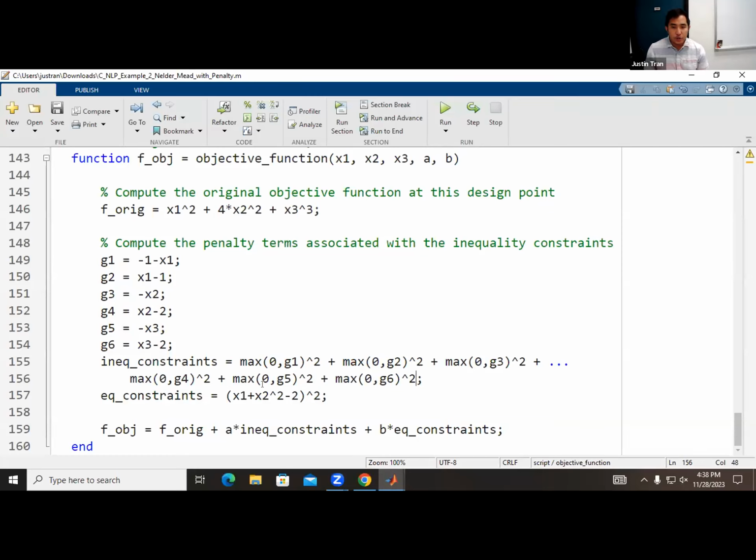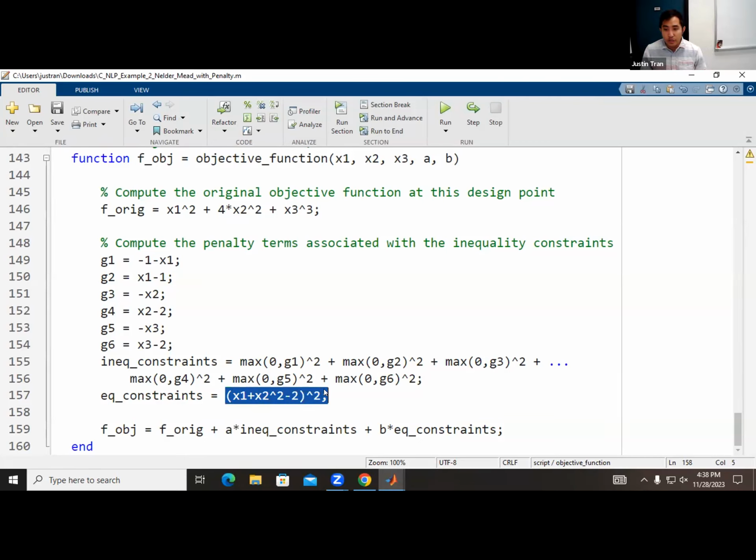If we sum all these up with their respective max terms, we have max(0, G1) squared, max(0, G2) squared, all the way across. That is all of the penalty terms associated with the inequality constraints.